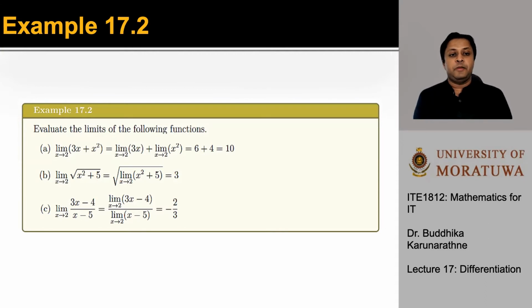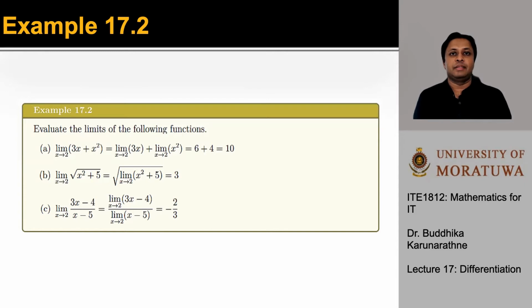In part B, you have the square root of x squared plus 5. Take the limit of that function when x approaches 2. So here you have a power example. So this is (x squared plus 5) to the power 0.5.